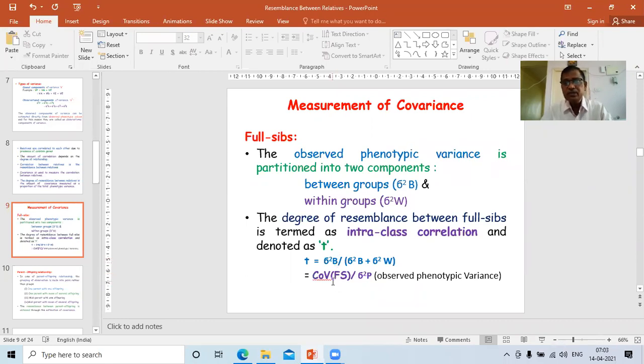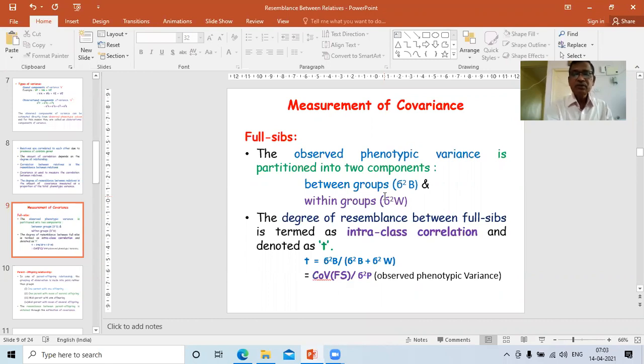As I was saying, covariance of full sibs by total phenotypic variance. The total observed phenotypic variance is partitioned into two components: between group variance and within group variance. Between group variance is denoted as sigma square b, and within group as sigma square w. W stands for within, b stands for between. The degree of resemblance between full sibs is termed as interclass correlation, represented as small t.